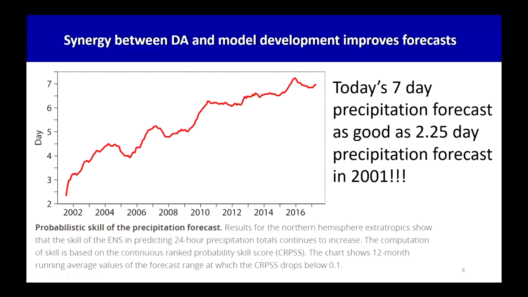So this is the time to complete loss of skill in your forecast. You can see in 2001, after 2¼ days, basically there was no skill in the precipitation forecast. But now, that level of skill you get at 7 days. So what in 2001 you could know 2 days ahead, you can know 7 days ahead.